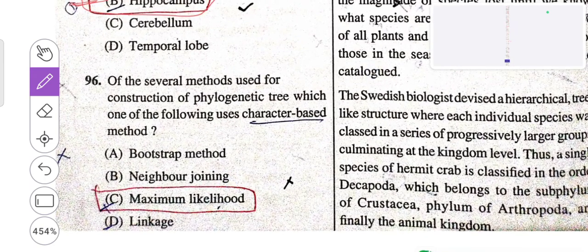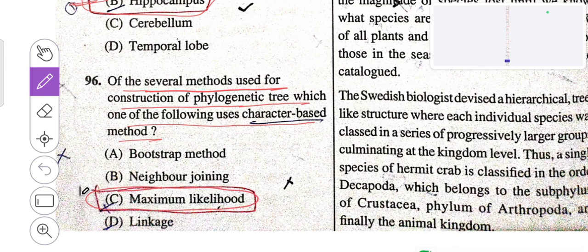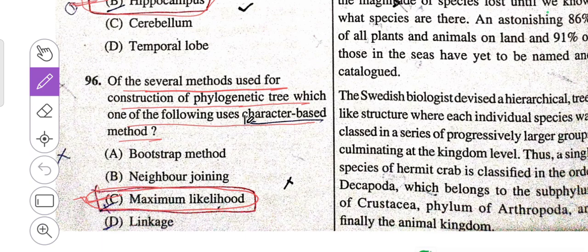Then 96. Of the several methods used for construction of phylogenetic trees, which one of the following uses a character based method? That is maximum likelihood. Maximum likelihood is based on the character based method.